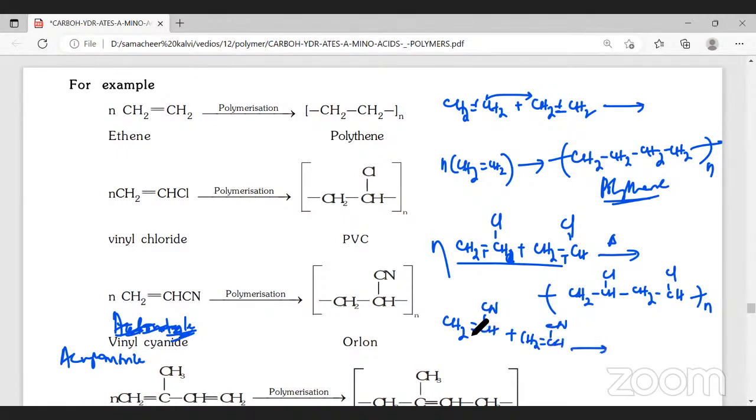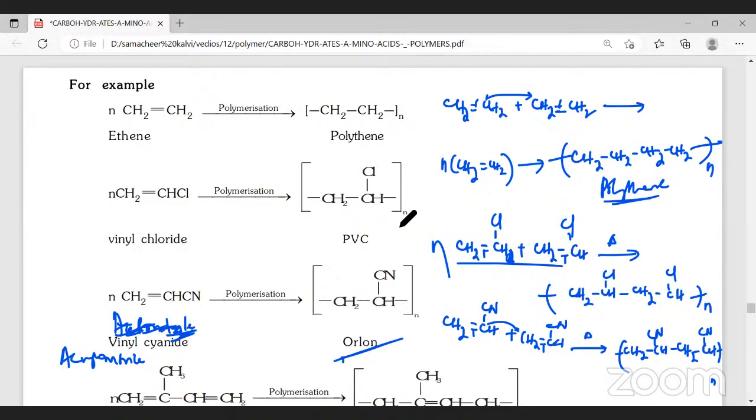When this is heated at a particular condition, the pi bonds will break and these carbon atoms will link. So we have CH2 single bond CHCN, single bond CH2, single bond CHCN. It goes on like this. This is commercially called Orlon, polyacrylonitrile.